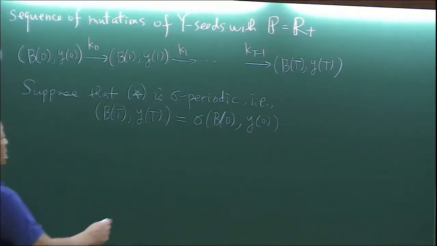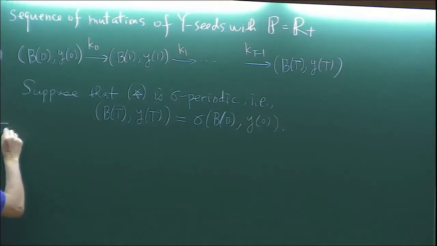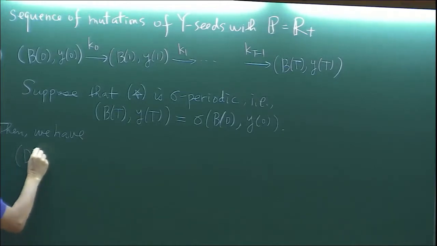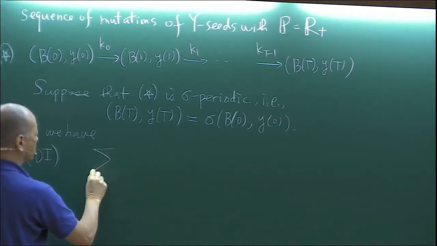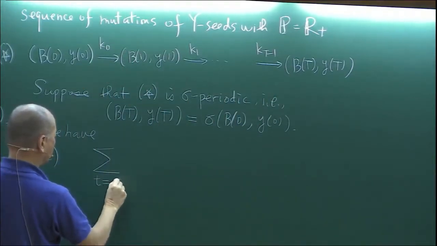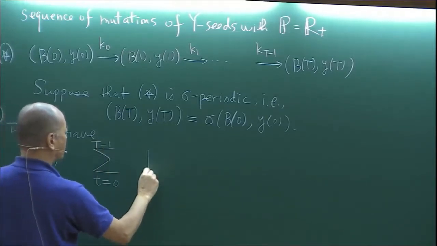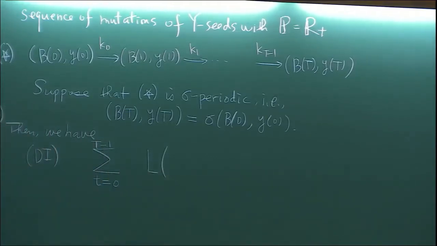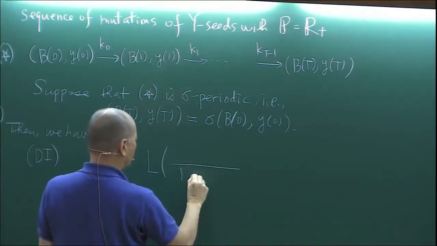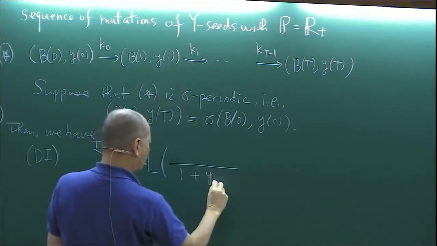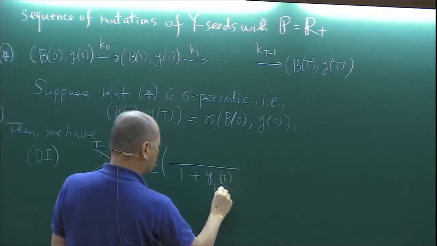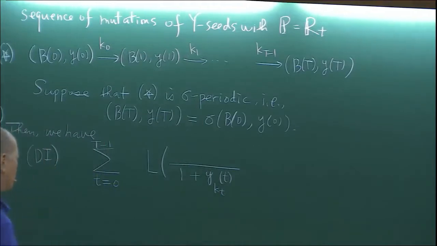So anyway, then we have the following dilogarithm identity. Let's call this (D), which has the following form. So it's a summation over each step, starting from 0 to T minus 1, and you sum up some special value of Rogers dilogarithm. Say for each time t, you pick up a special component of y_t corresponding to exactly the one at which you make the mutation.